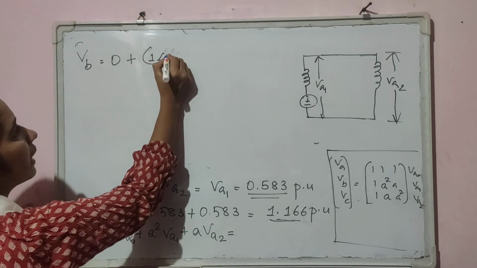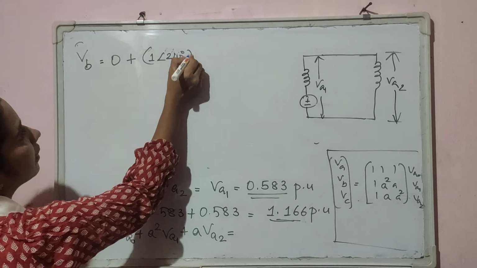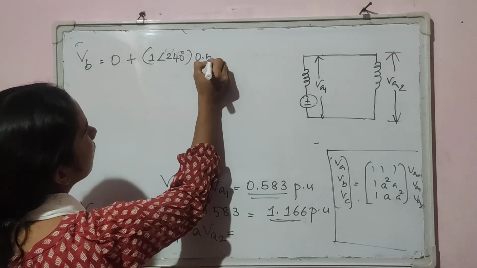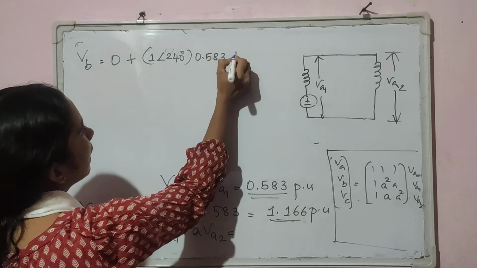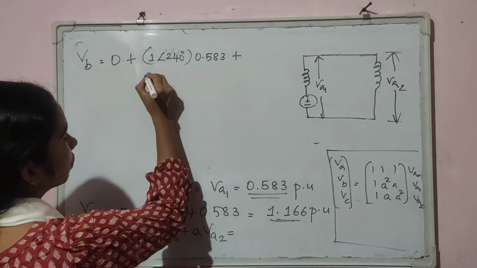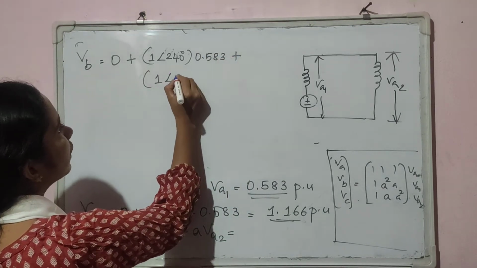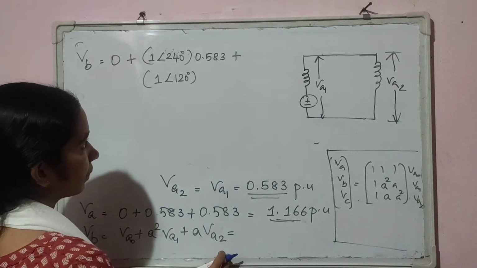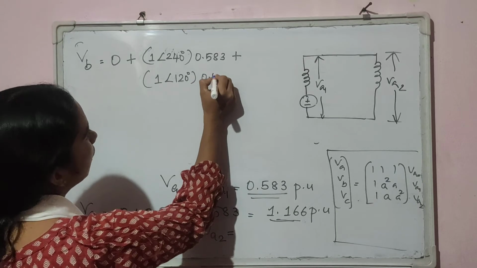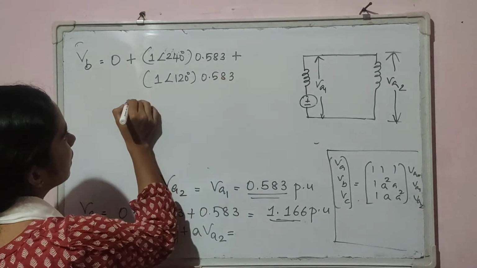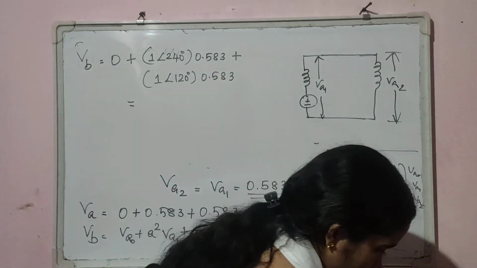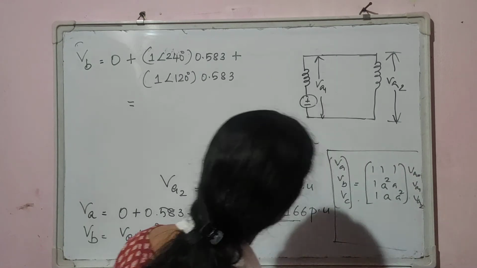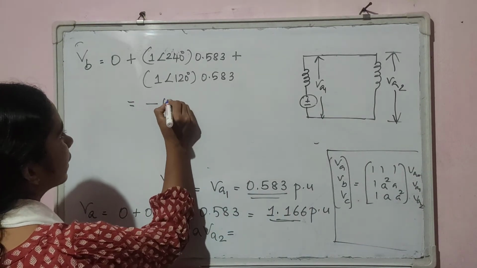A square is 1 angle 240 degree into VA1, and VA1 is 0.583, plus A into VA2, that is 1 angle 120 degree into VA2, that is 0.583 again. This will be equal to, we will get the value of phase voltage VB as minus 0.583 per unit.